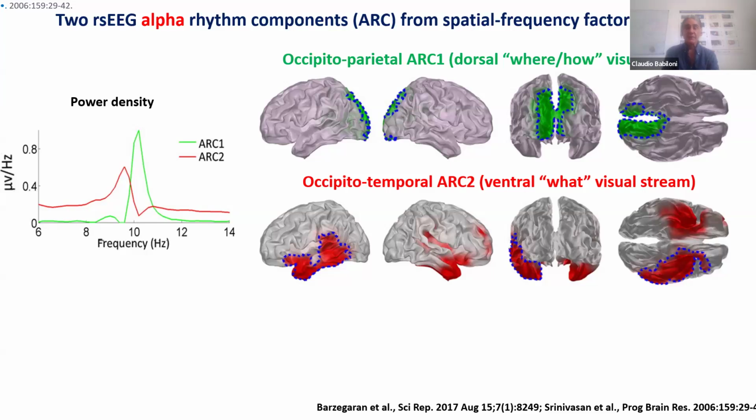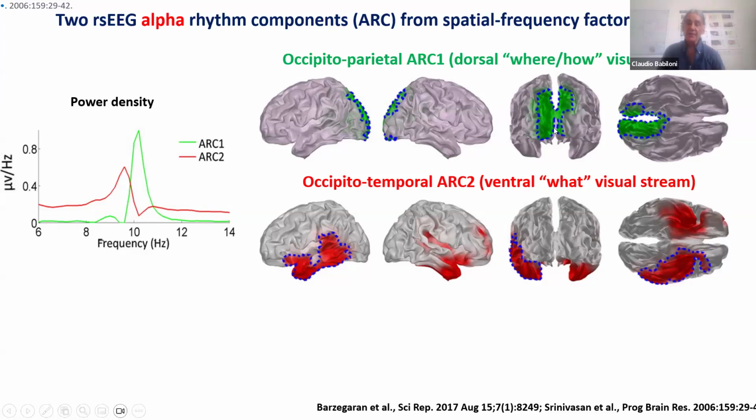And so they were able to distinguish between these two components and then use the separate components for the source localization of alpha rhythms. And so they could demonstrate that alpha rhythms is generated in the visual system, and particularly in the two main streams of the cortical visual system.